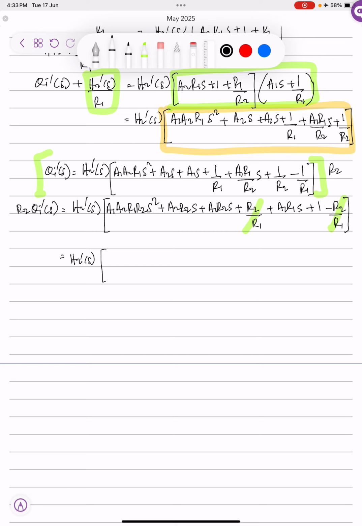Then I have A1 A2 R1 R2 s squared plus, you have 3 terms with s to the power 1; if you group them, you have (A2 R2 plus A1 R1 plus A2 R2) s, and then plus 1.